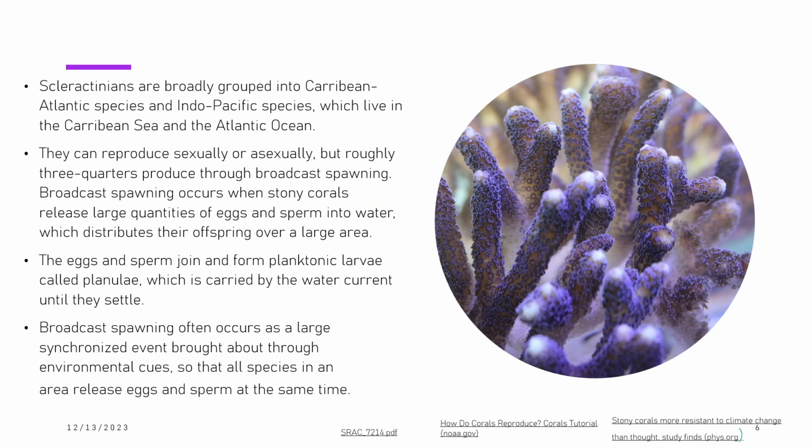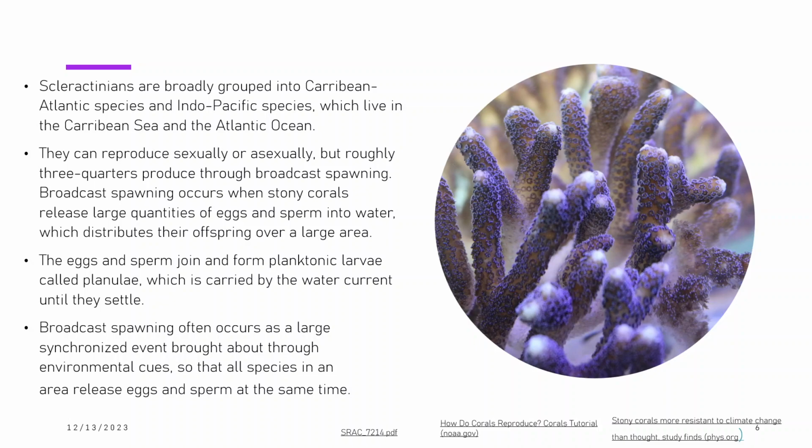Scleractinians are broadly grouped into Caribbean Atlantic species and Indo-Pacific species, which live in the Caribbean Sea and the Atlantic Ocean. They can reproduce sexually or asexually, but roughly 3/4 reproduce through broadcast spawning. Broadcast spawning occurs when stony corals release large quantities of eggs and sperm into water, which distributes their offspring over a large area.